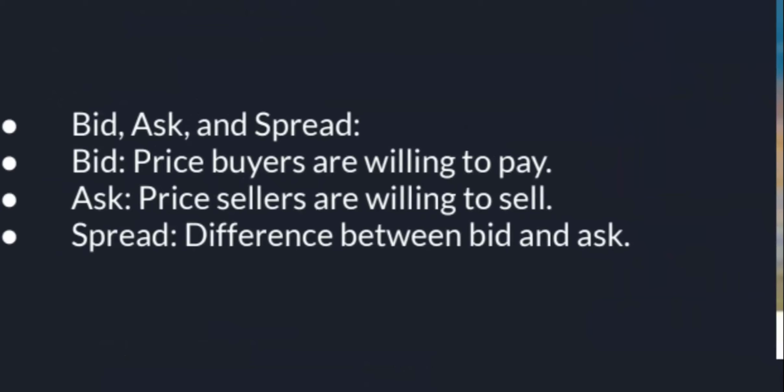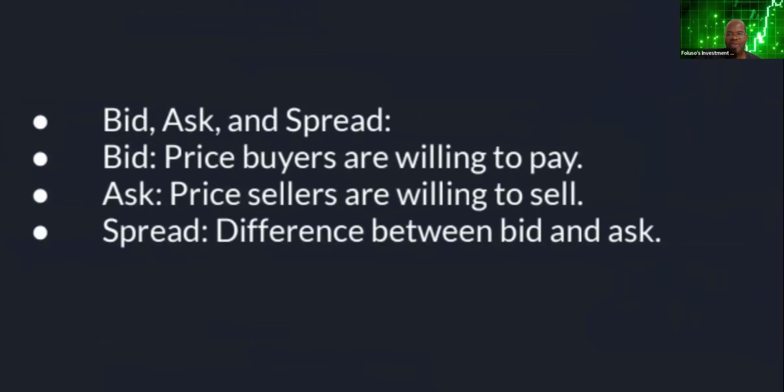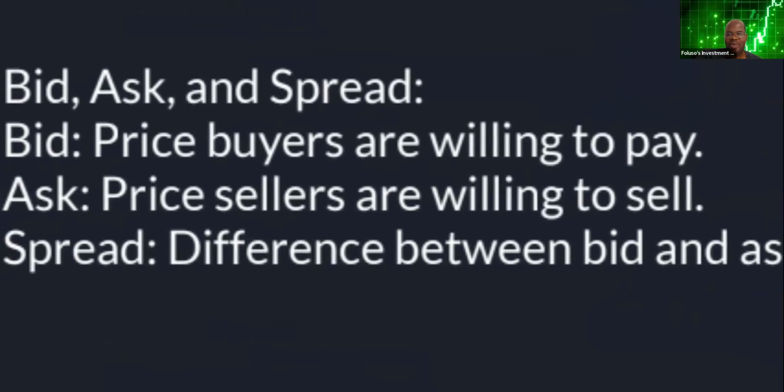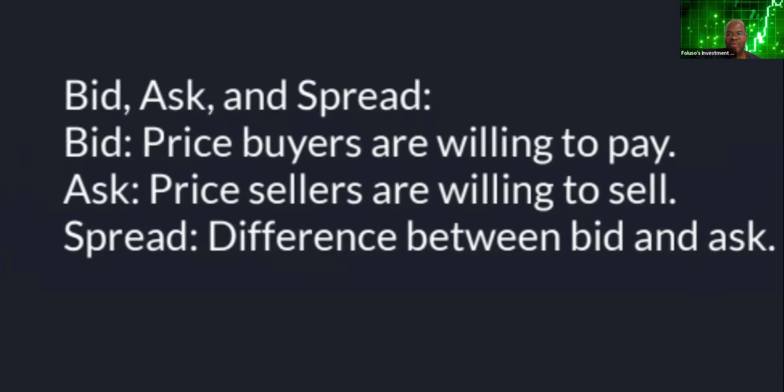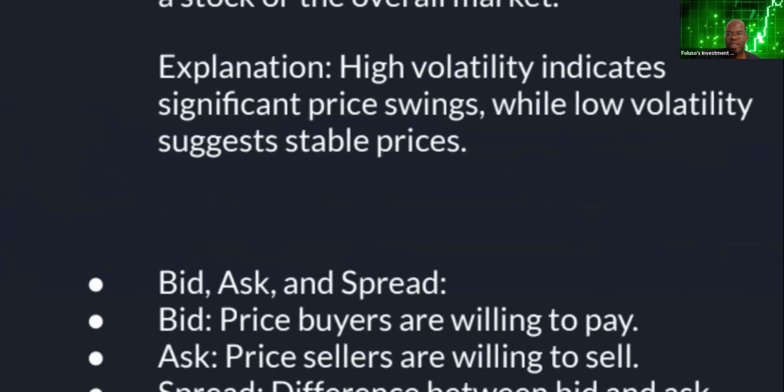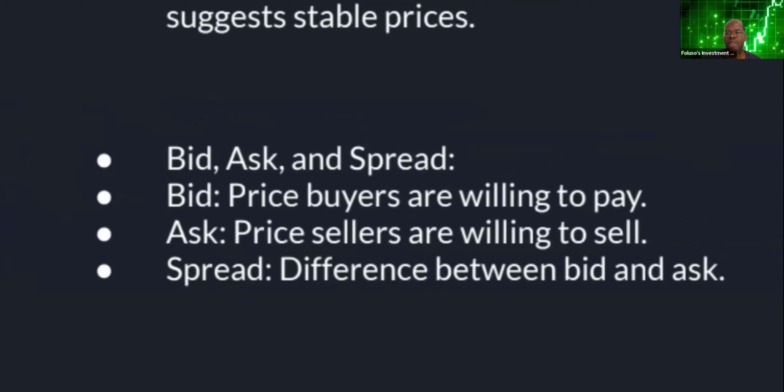It is the amount of people that are actually going for that stock at that particular day, at that particular moment, right? Yeah, kind of. Any other person? Okay, so bid is the price that buyers are willing to pay.